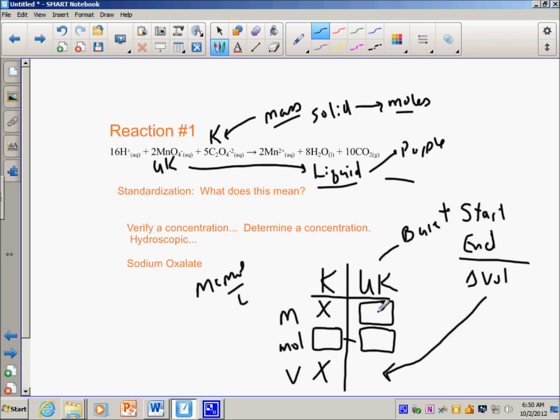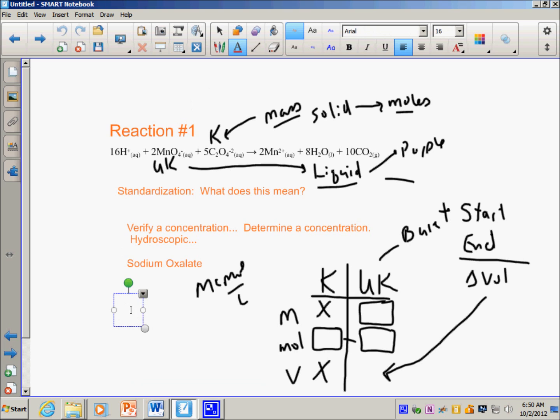Now, my equivalency point. How do I know when I've reached my equivalency point? An equivalency point is an important concept, and I could just type that out here. This is what's called the equivalency point, and that is where your moles are equal, or where your stoichiometric ratio is equal.